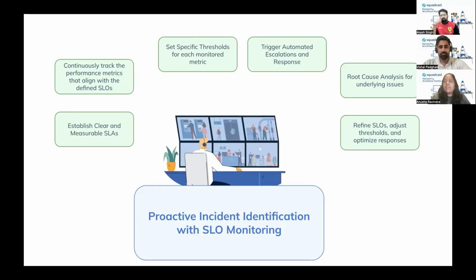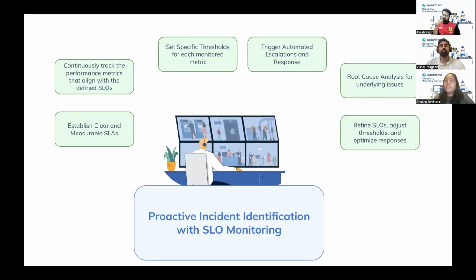Now, let's take a look at a few benefits that having the right SLO thresholds bring with them, right? So these thresholds represent the acceptable performance boundaries for any service. By continuously monitoring the service metrics against these thresholds, deviations from the expected baseline can be quickly identified.